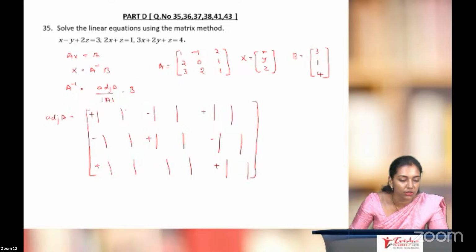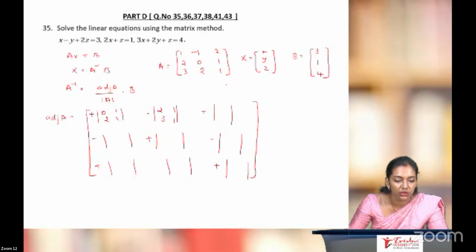So what are the elements? 0, 1, 2, 1. Next, for minus 1 in the first row, second column, delete the row and the column in which it is present. So 2, 1, 3, 1. Next, delete the row and the column in which 2 is present.